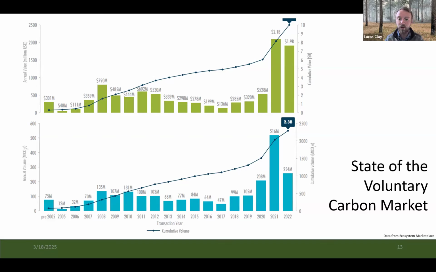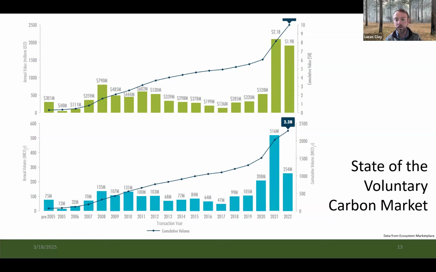Now, what's interesting is this traded about 516 million tons of carbon. You can see there in the blue bar graph. But then we move into 2022, and we see just a slight decline in the traded value at 1.9 billion, but a pretty significant decline in the volume of credits traded here.